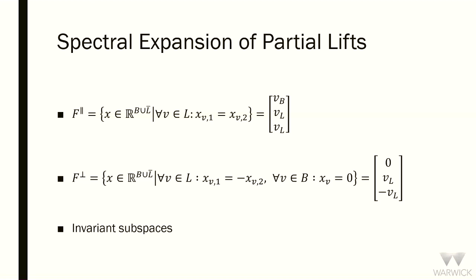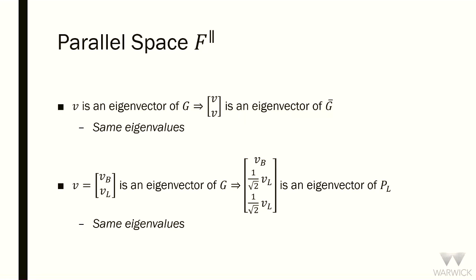And F-perp will be the perpendicular subspace, in which each fiber adds up to 0. It's not hard to verify that these are invariant subspaces. And actually, it behaves very similar to the full lift.